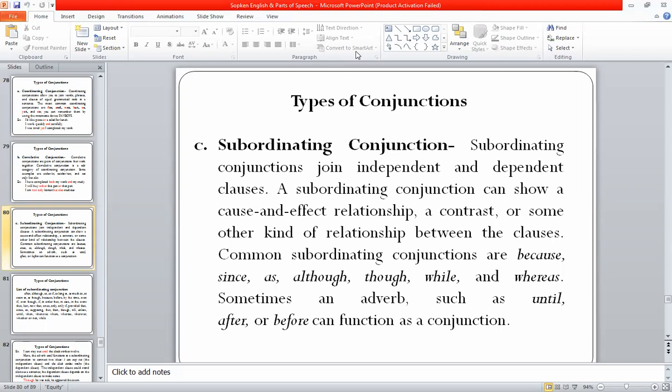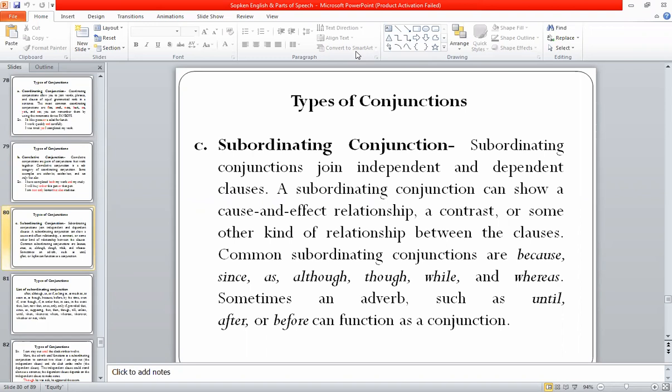These are also used to show a cause and effect relationship, a contrast, or some other kind of relationship between the two clauses. A subordinating conjunction shows a cause and effect relationship. If there is a cause, then it also has its effect. That is why it is called a cause and effect relationship.